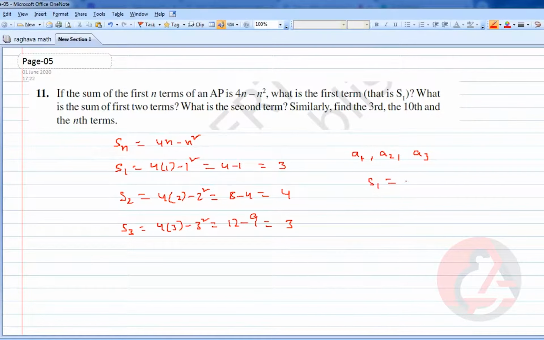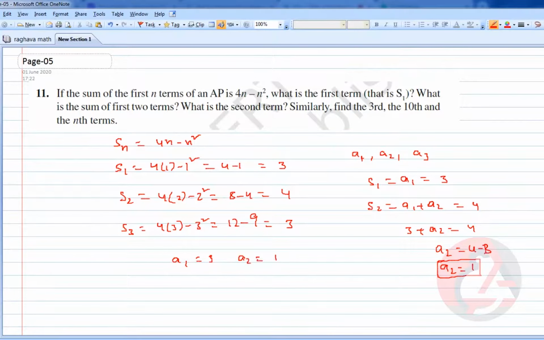S1 is nothing but A1, that will be equal to 3. S2 is nothing but A1 plus A2, that is equal to 4. So if I am substituting the values, A2 is equal to 4 minus 3, A2 will be equal to 1. So now I got A1 is equal to 3, A2 is equal to 1, automatically D will be equal to A2 minus A1. So 1 minus 3, that will be equal to minus 2.